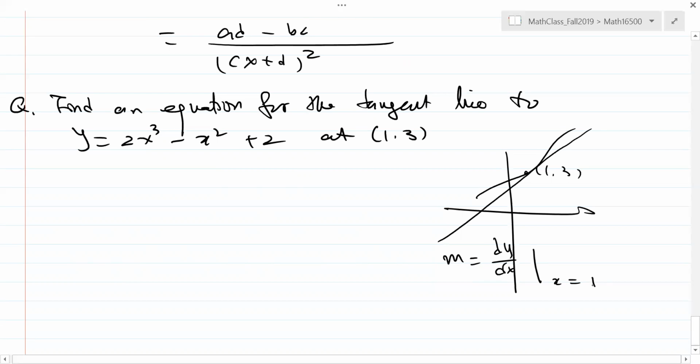It's better to draw the graph and indicate what the slope is. So all I have to do is find the derivative function with respect to x. It's a polynomial, right? You differentiate each term.